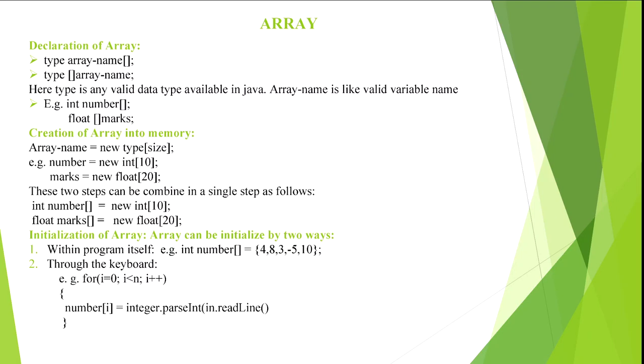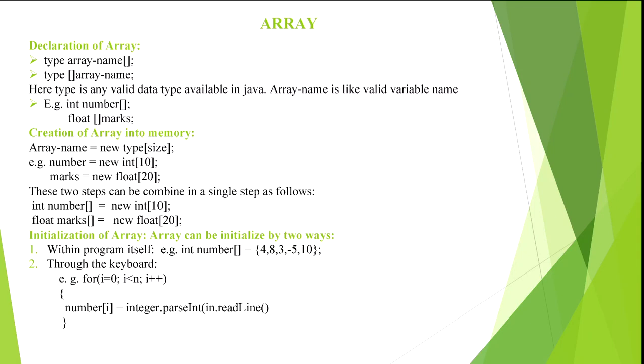And the second way, if you have a long input, then you use the keyboard with a for loop. Suppose I have n values, then I use the for loop, for i equal to 0, i less than n, i plus plus, and in the body of the for loop I read the value. number of i equal to Integer.parseInt(br.readLine()). What is parseInt?